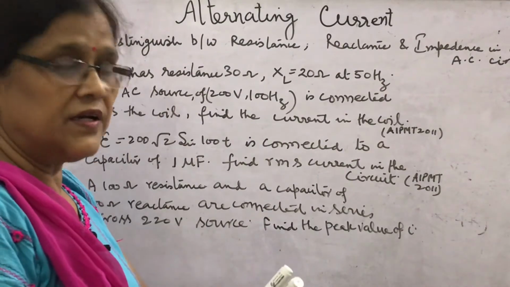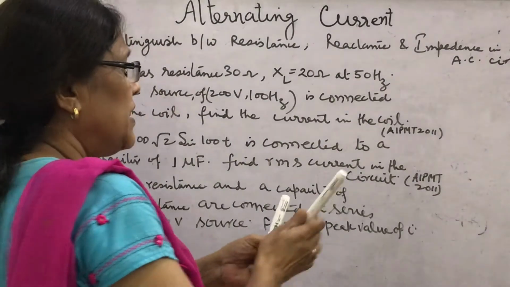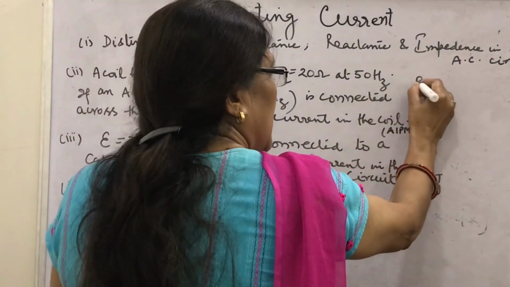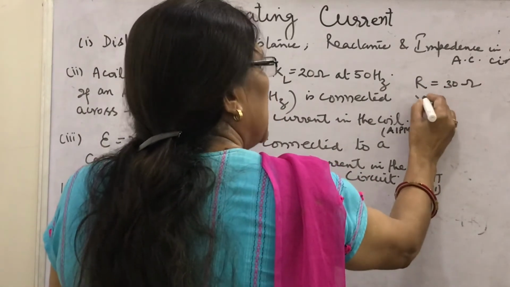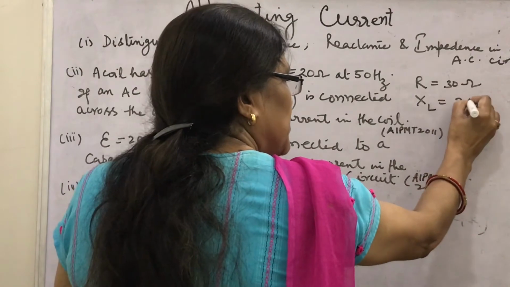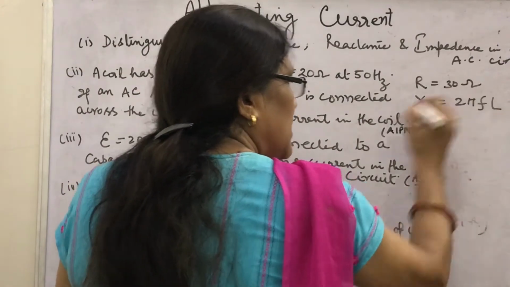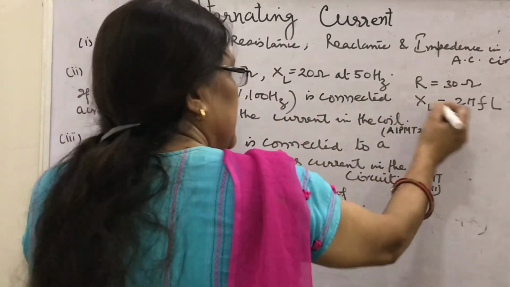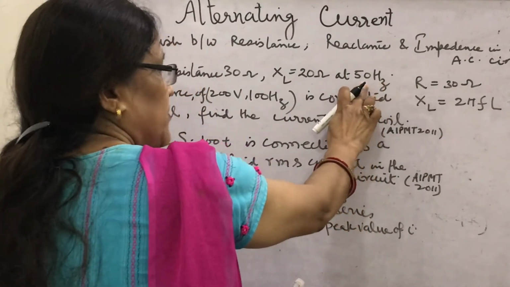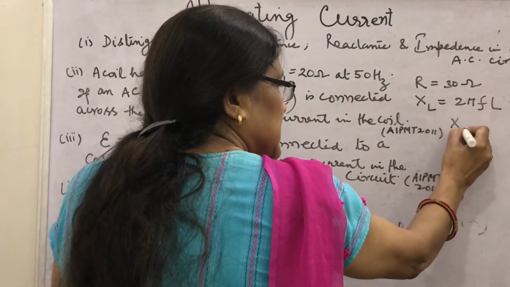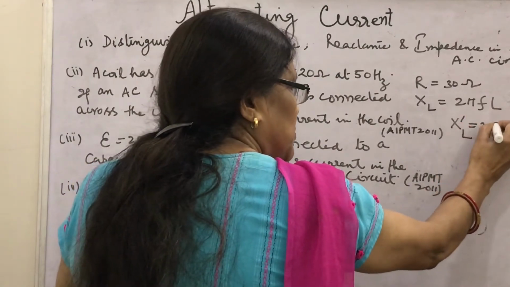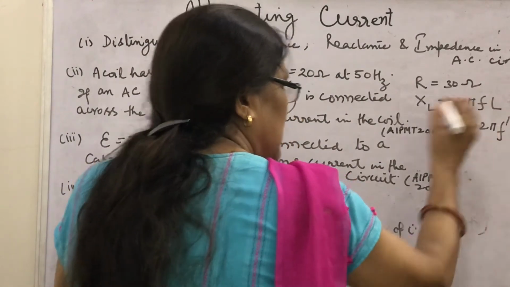How will you find it? Look here, it is given R is 30 ohm. You know, XL is given by 2 pi F L, and if the frequency instead of 50 Hertz is 100 Hertz, then you write this XL dash as 2 pi F dash L.